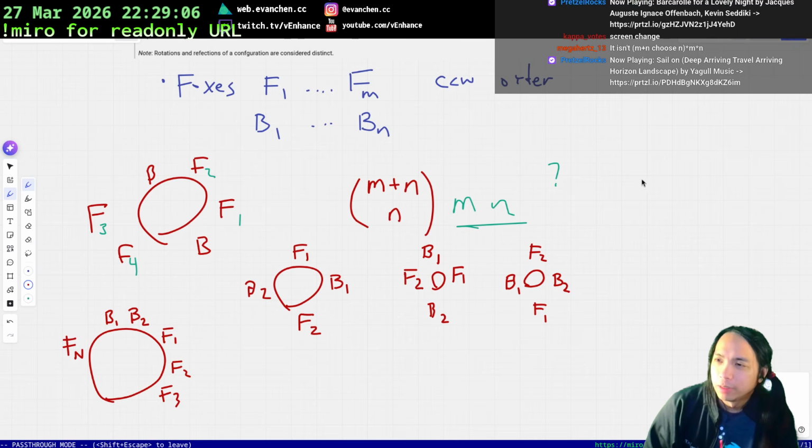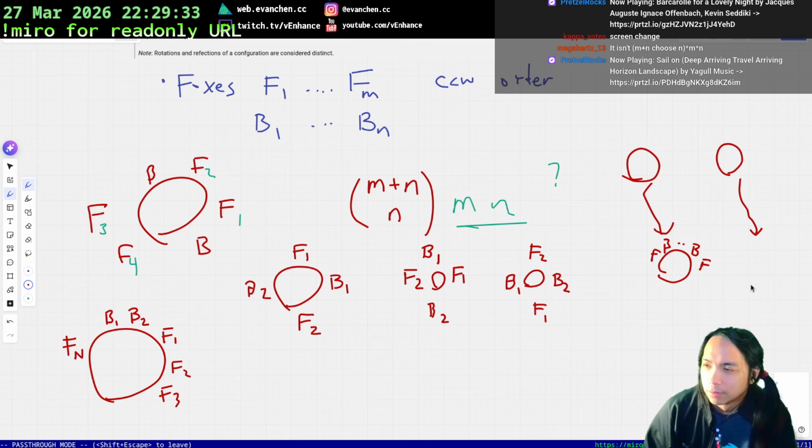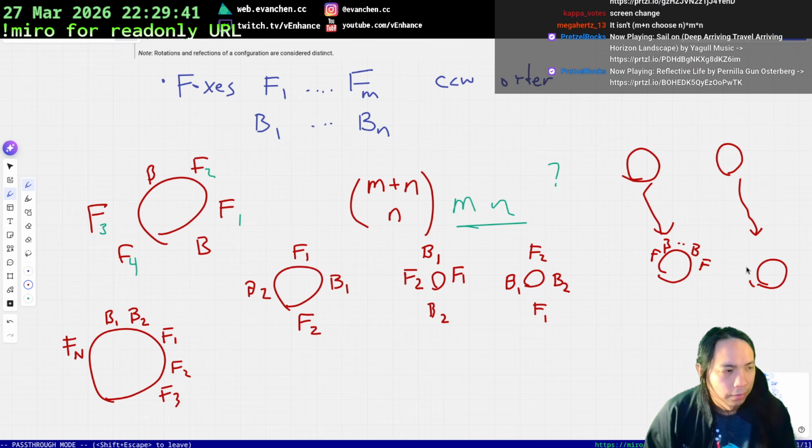Okay, sorry, if I have a random generic position, I can always turn it into one where there's some B's here and some F's here. And if I have another generic position that has the same BF lettering, the same sequence of moves will let me reach it, because the set of moves is a two-way thing.